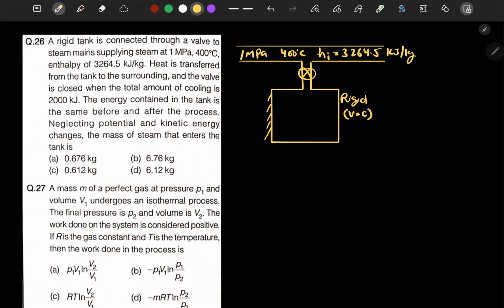The heat is transferred from the tank to the surrounding. Let's say Q amount of heat is equal to 2000 kilojoule.